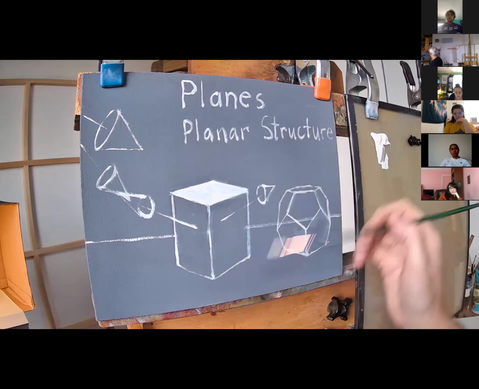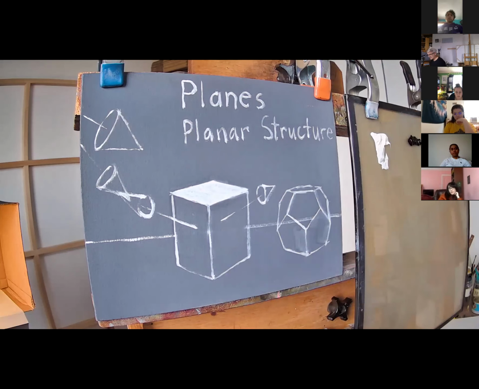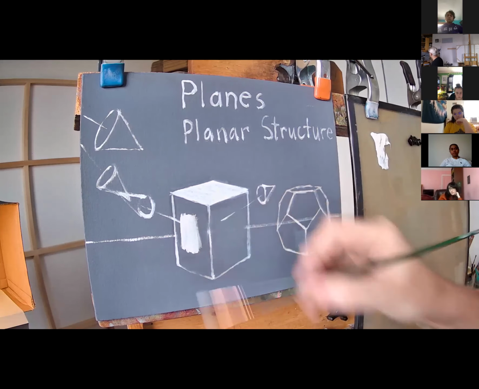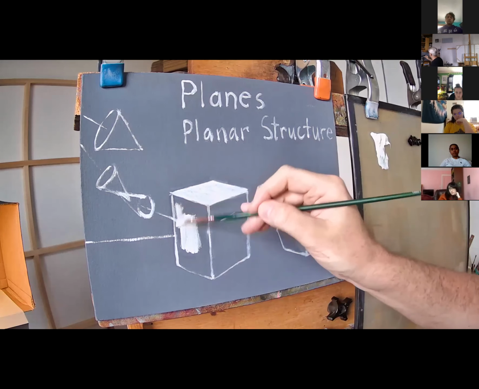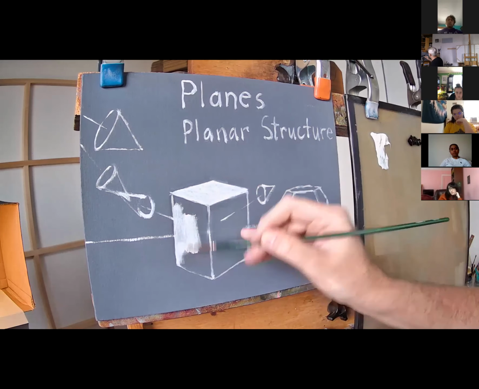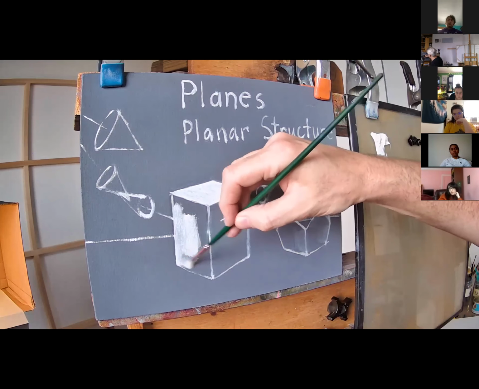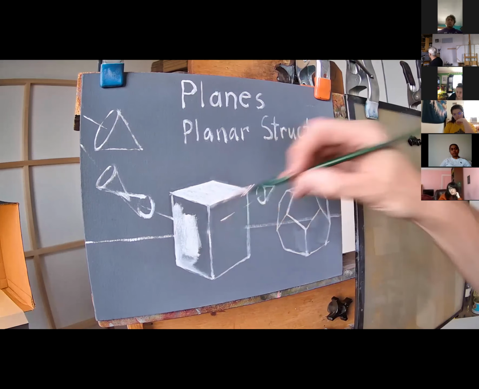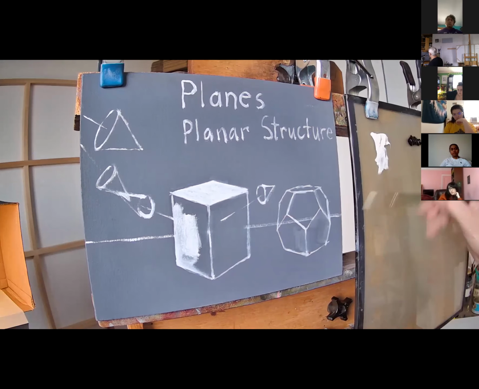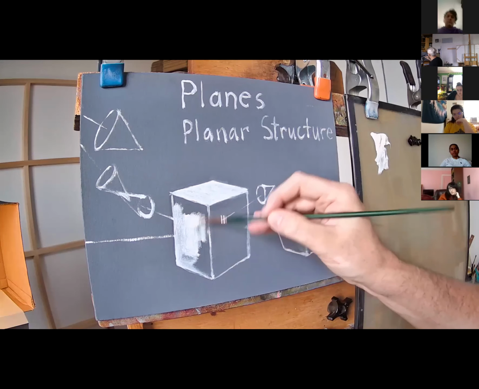So we have two planes on this box that are approximately equal in illumination. Each of these planes is facing the light source to the same degree.